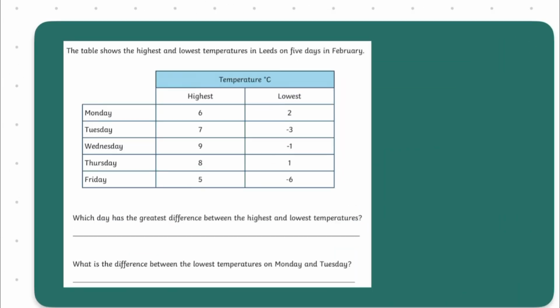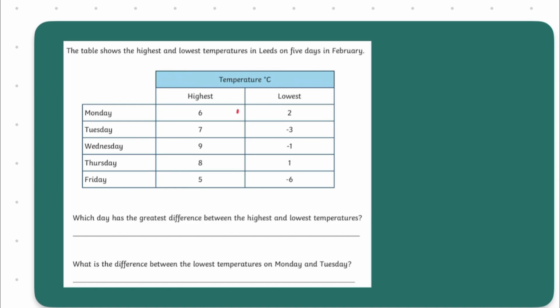Next question. The table shows the highest and lowest temperatures in Leeds on 5 days in February. So our first part of the question, which day has the greatest difference between the highest and lowest temperatures? So let's have a look at the difference between each one.